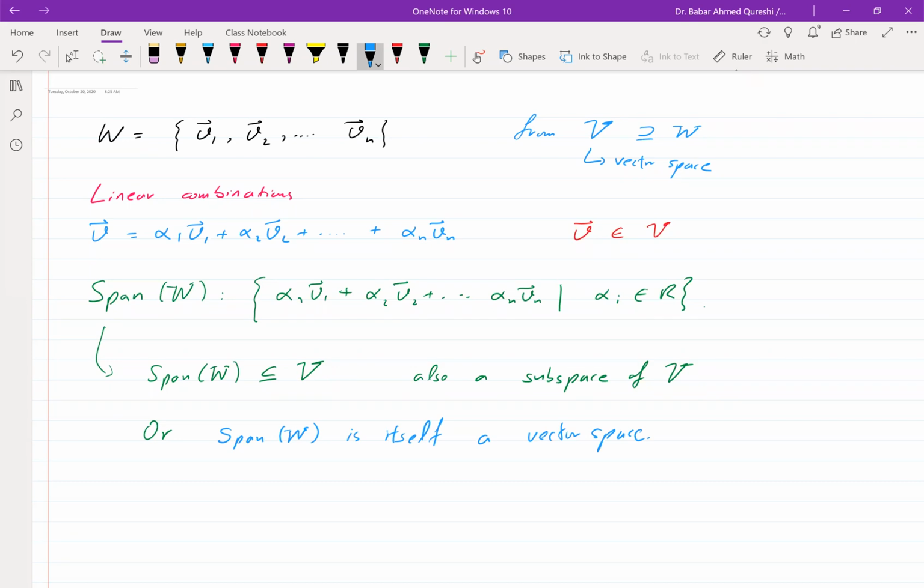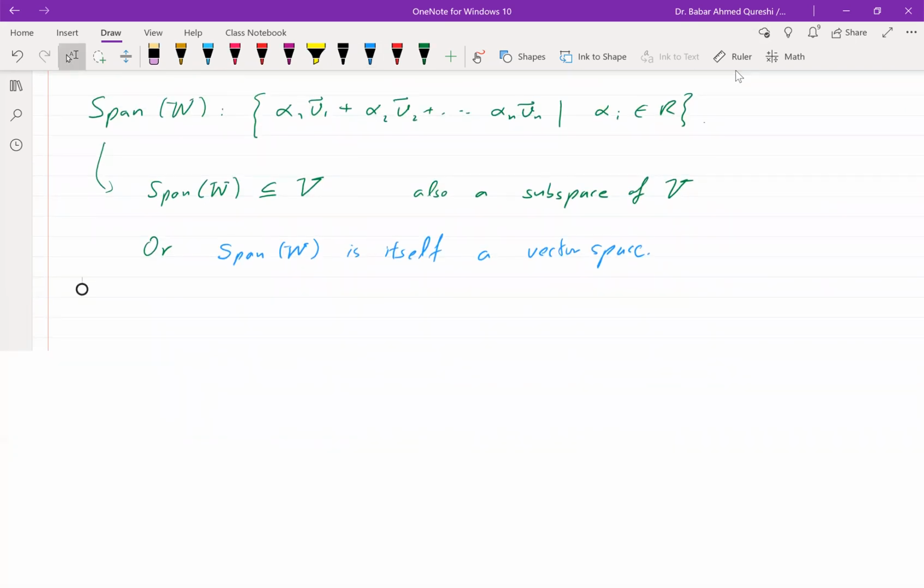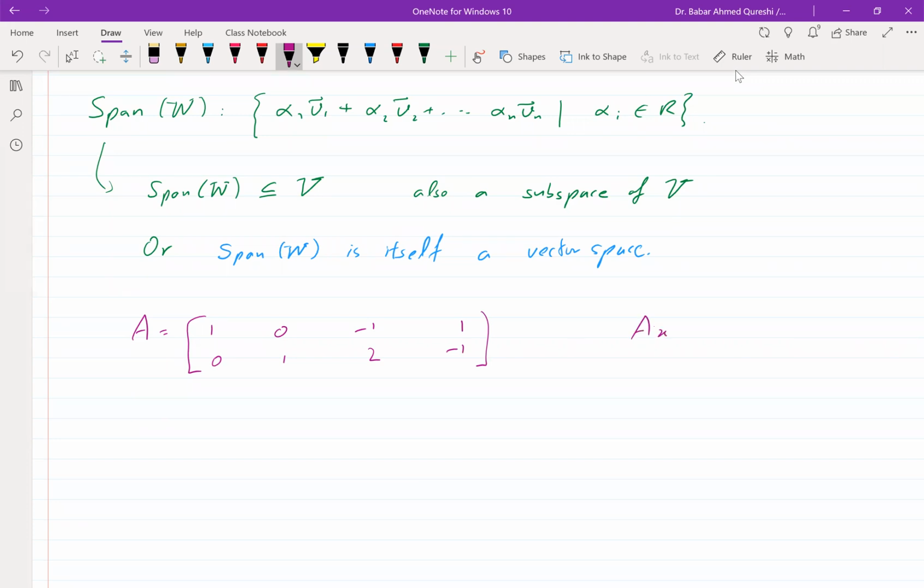So our starting example where we got this idea was that we had a matrix, this matrix, and we were looking for the null space, that all those vectors, those 4 component vectors which solve this equation, the homogeneous equation.